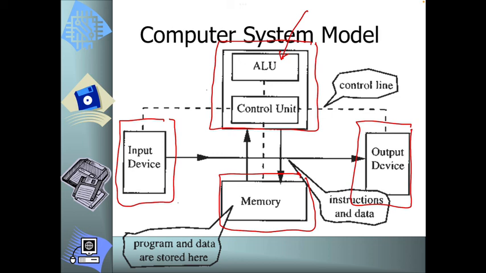This memory is connected through a bus under the control line. And here we have instructions one by one between memory and CPU. I hope this is clear for the von Neumann model.